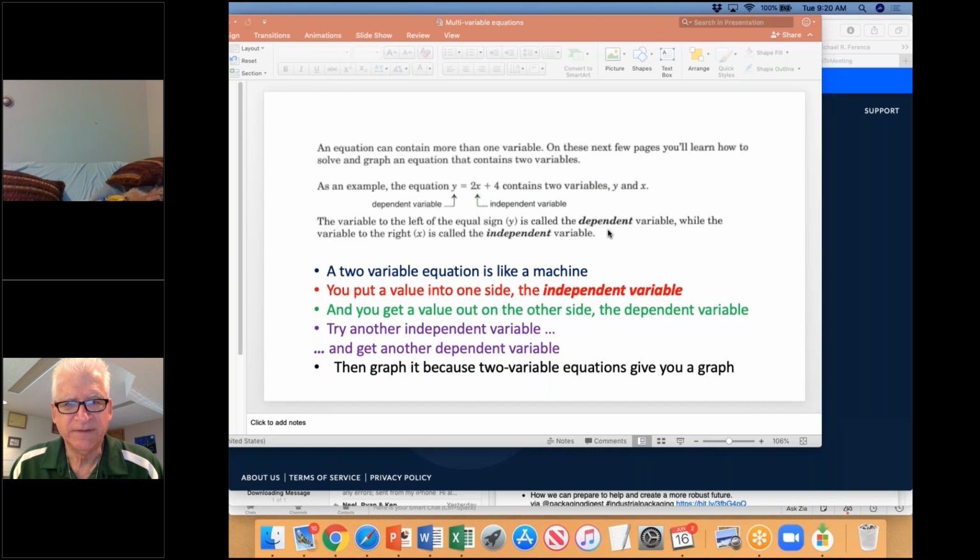The two variables become what's called an ordered pair, and that ordered pair can be used to generate a graph. Very basic foundation of graphing, which becomes a lot more complex as you move along in higher math.